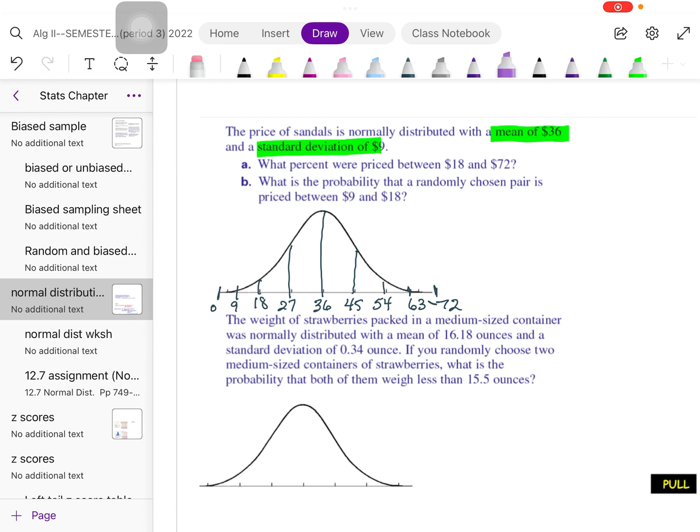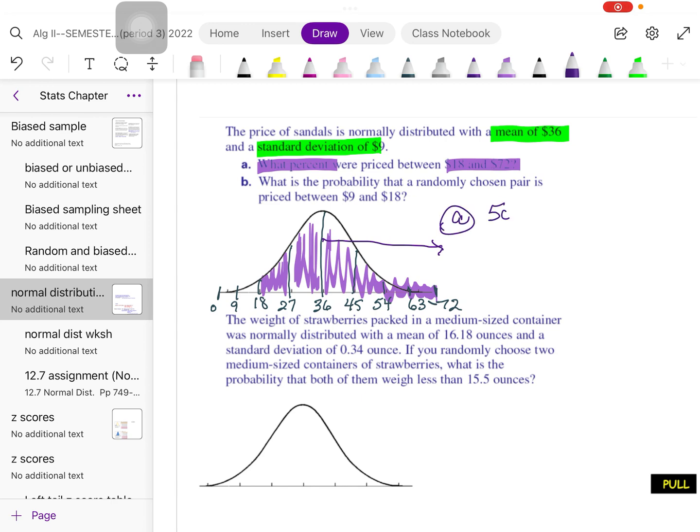Now, let's read the question. What percent is between 18 and 72? Well, here's 18 to 72, which is all of this. So from this point out, I have 50% of my data.